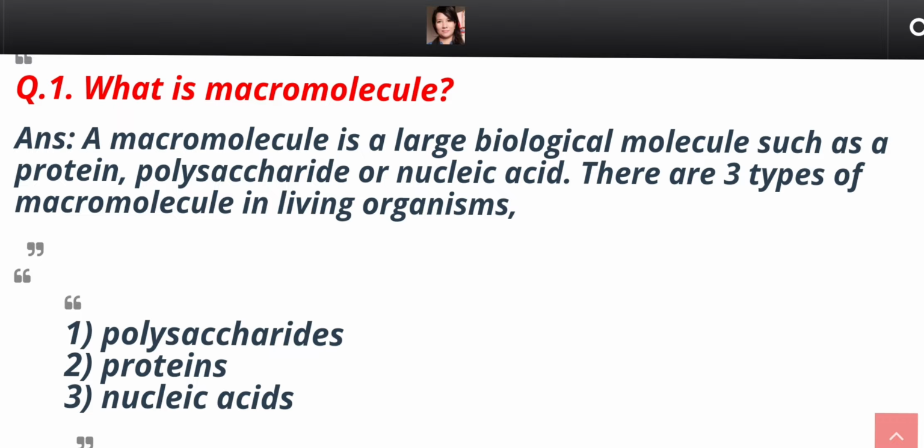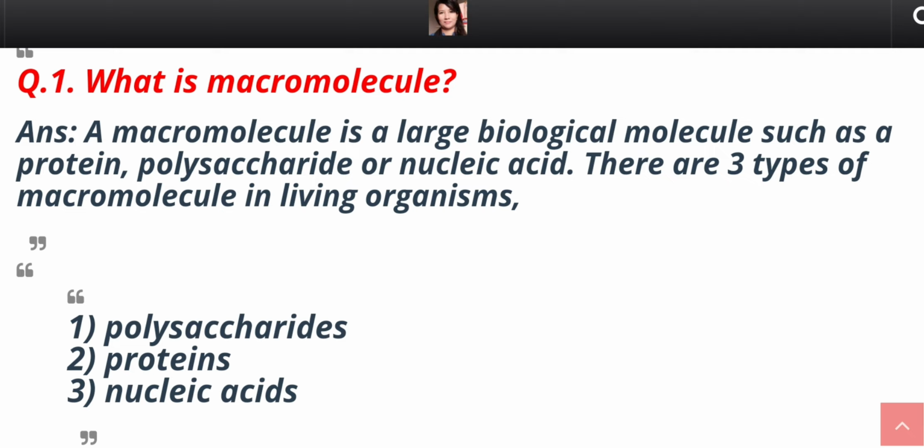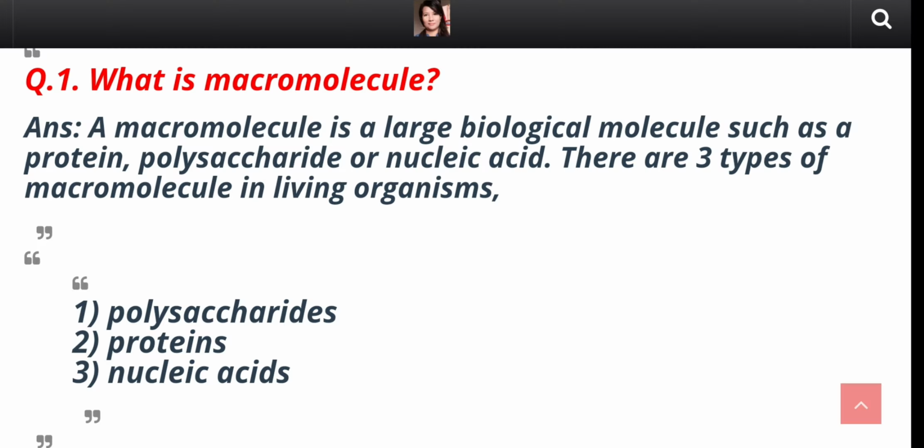So let's do it together. Question number one, what is a macromolecule? A macromolecule is a large biological molecule, such as proteins, polysaccharides and nucleic acids.